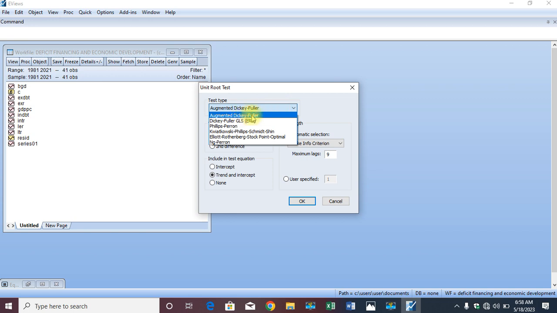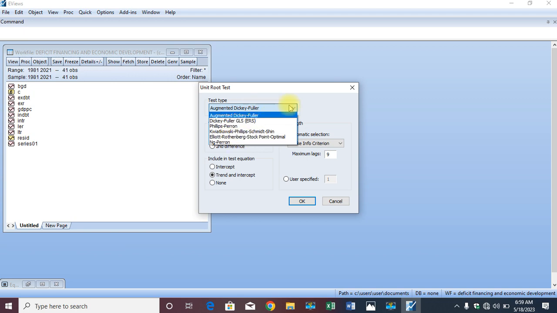We have the Augmented Dickey-Fuller, Phillips-Perron, KPSS, which is also pronounced Kwiatkowski, Phillips, Schmidt and Shin. We have Ng-Perron. The first 3 unit root tests are mirror opposite of the second 3 unit root tests. So the null hypothesis of the first 3 unit root tests is different from the null hypothesis of the second unit root tests. They are mirror opposite of each other.